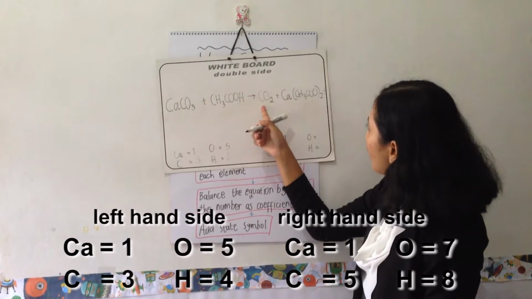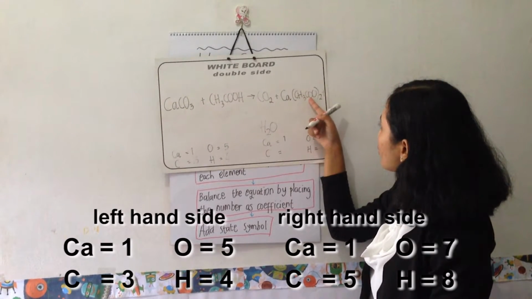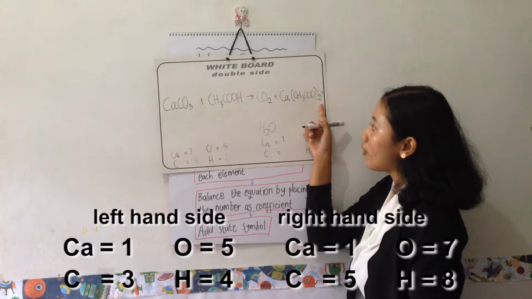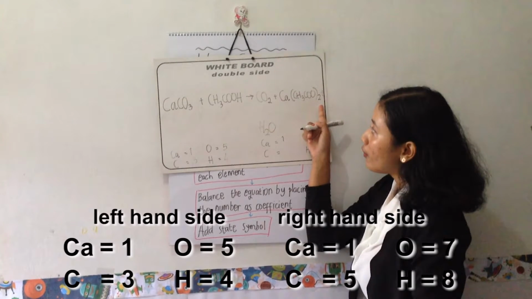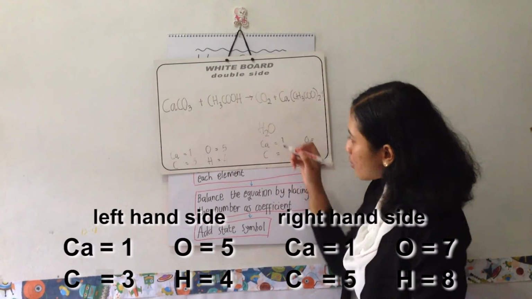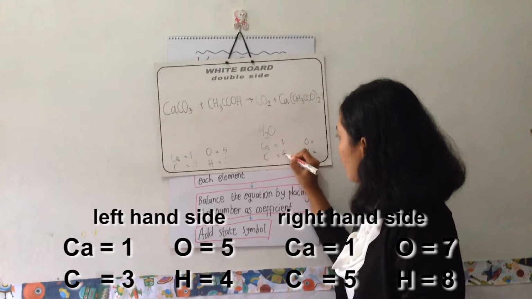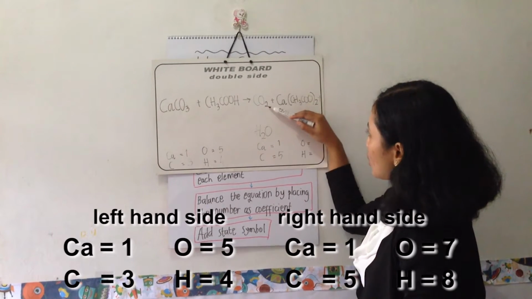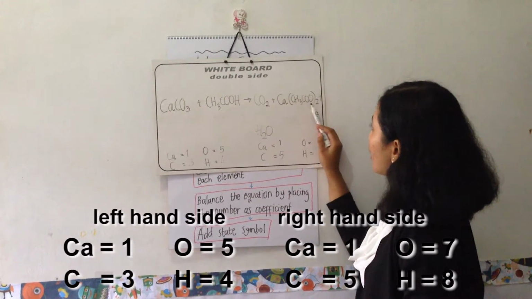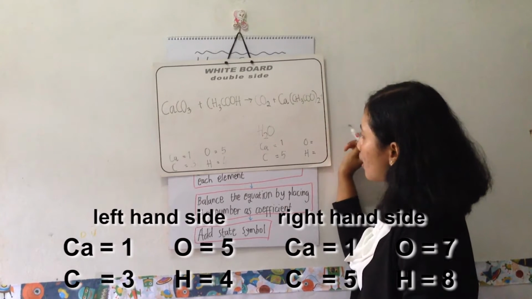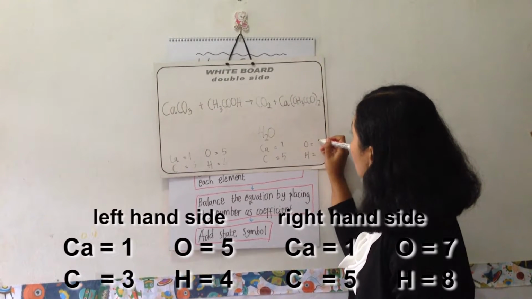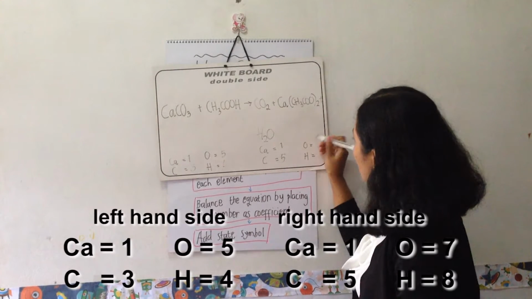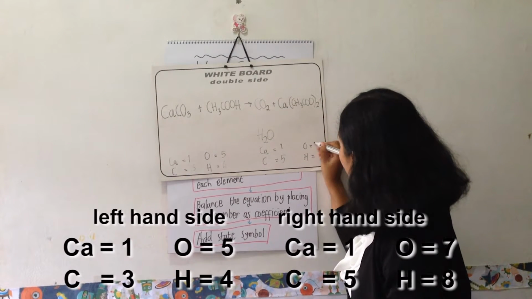This is 1, and then 2 times 2, we have 4. 4 plus 1, so we have 5. And then how many oxygen? This is 2, and then 2 times 2, so we get 6. And then this is 1, so we have 7 oxygen here.